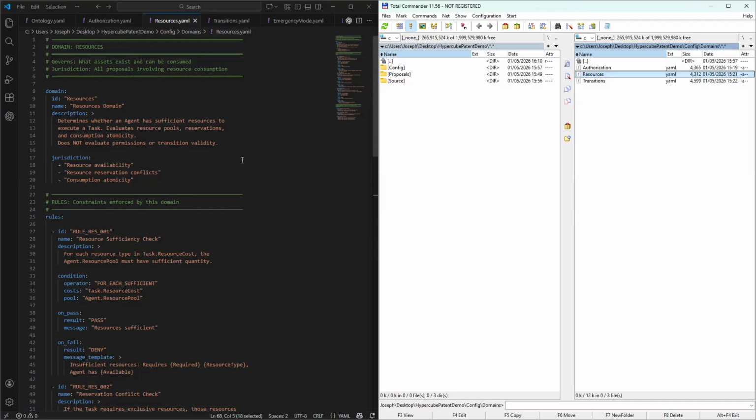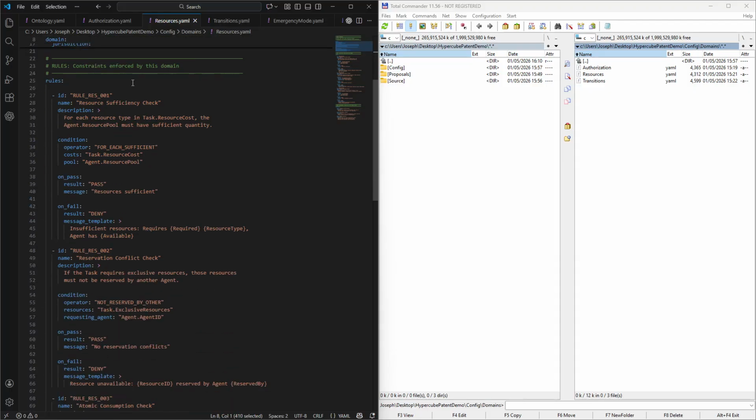Second domain, resources. This governs what assets exist and can be consumed. Rule RES 001. Resource cost must not exceed agent's available resources. Explicit denial with required versus available.